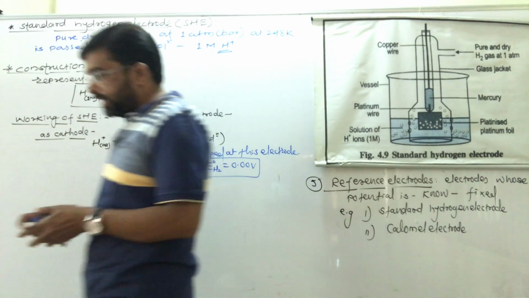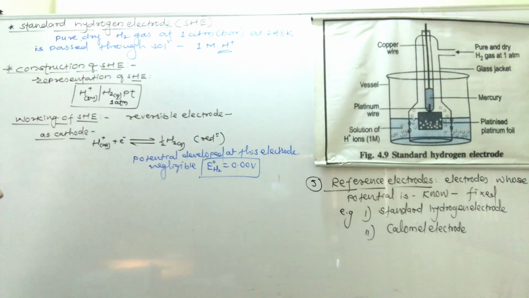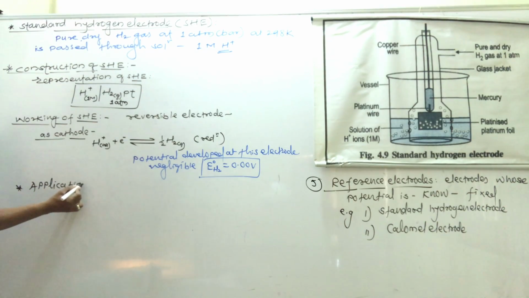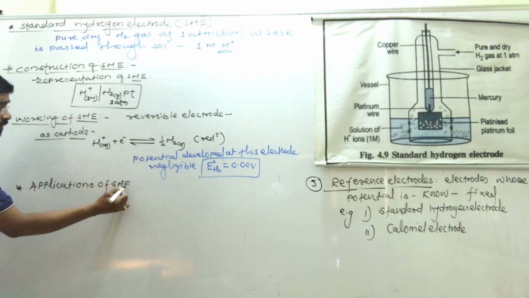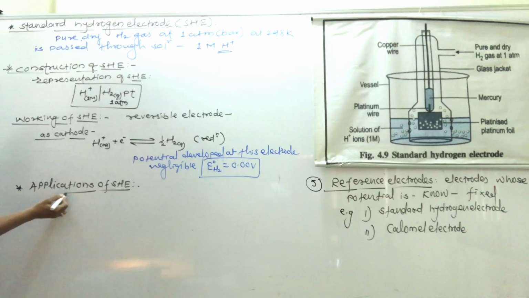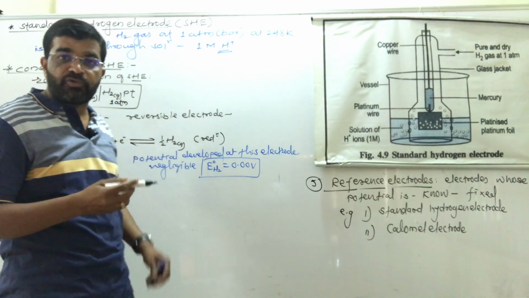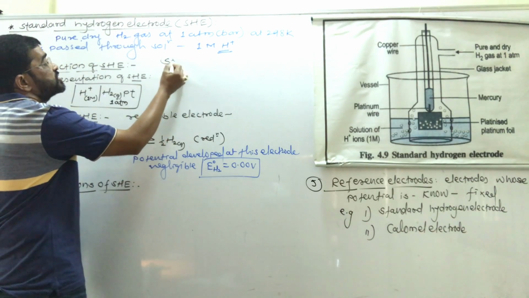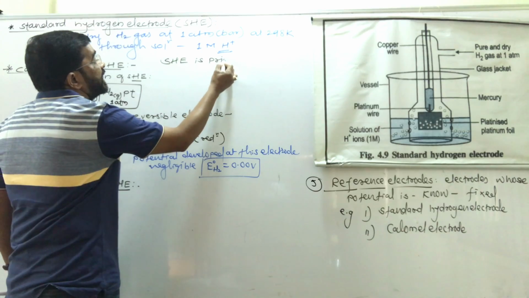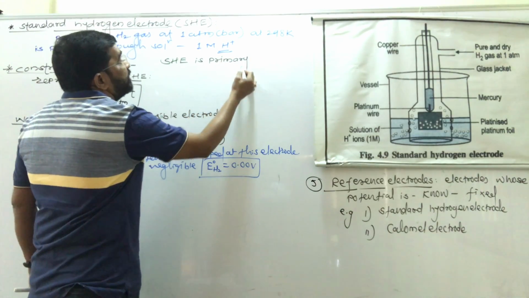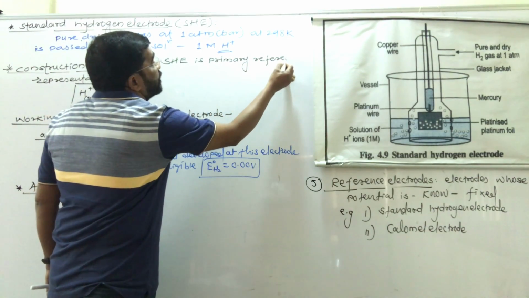One more point I would like to tell you: what are the applications of the standard hydrogen electrode? One point you have to remember, the standard hydrogen electrode is a primary reference electrode.